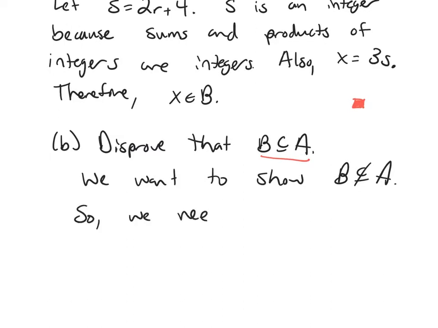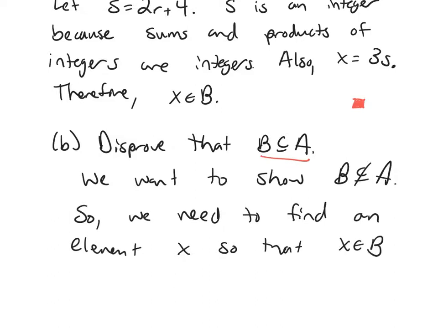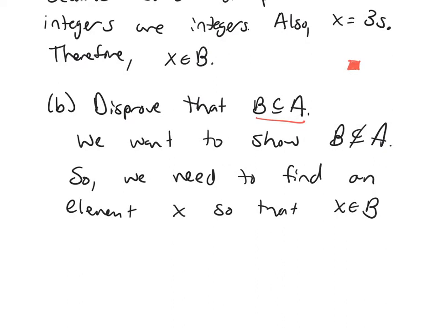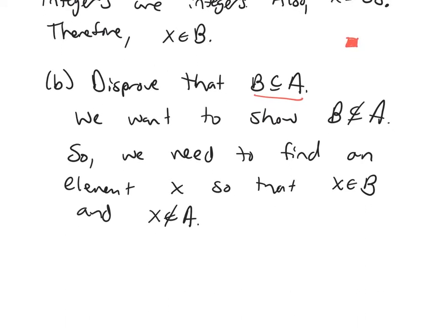We need to find an element x so that it's in B and it's not in A. There's something in B that is not in A. So what did it mean to be in B?